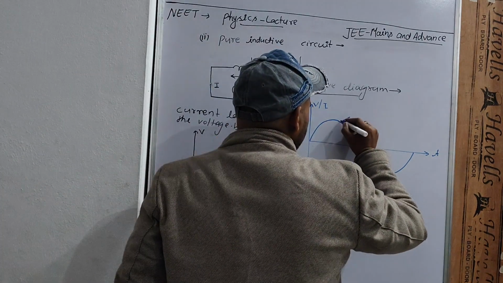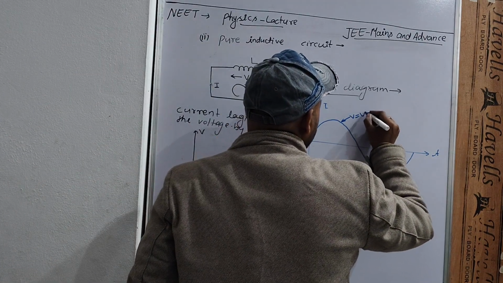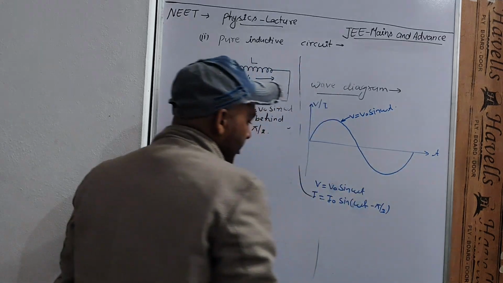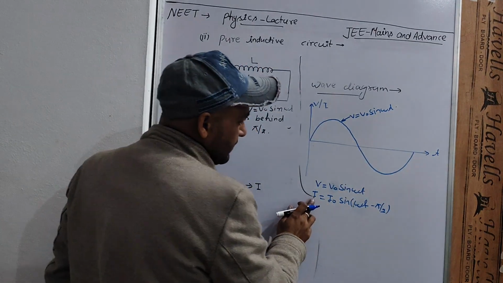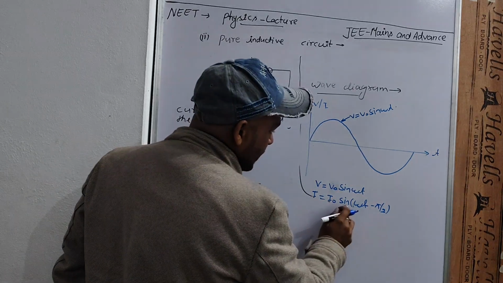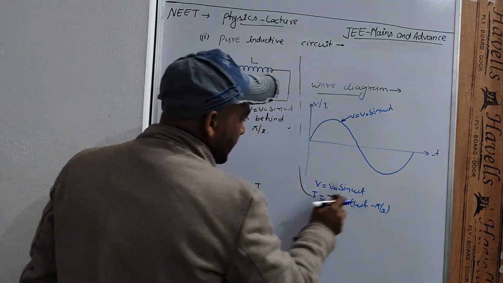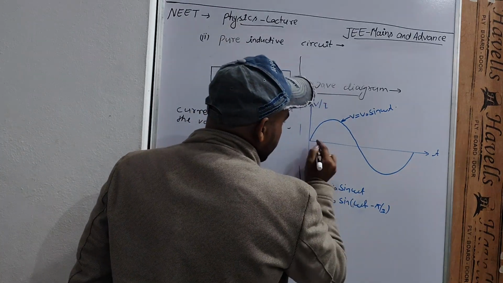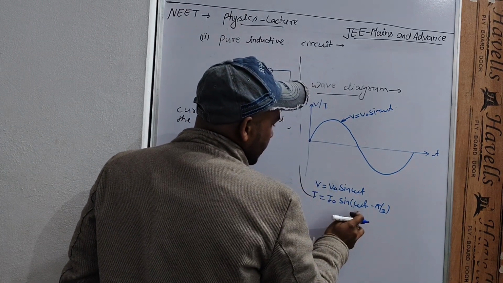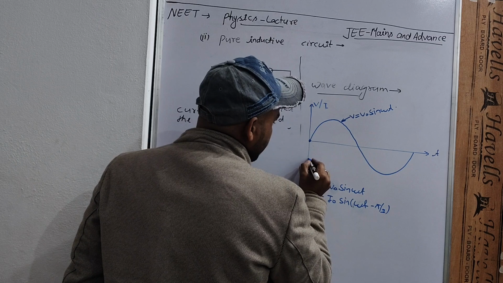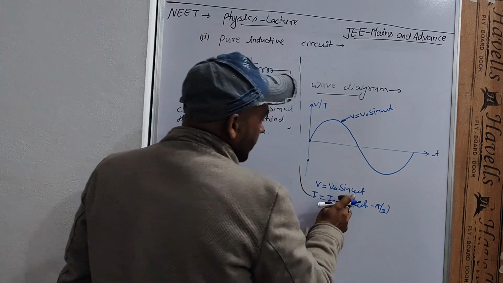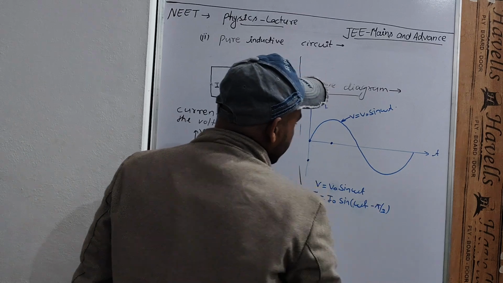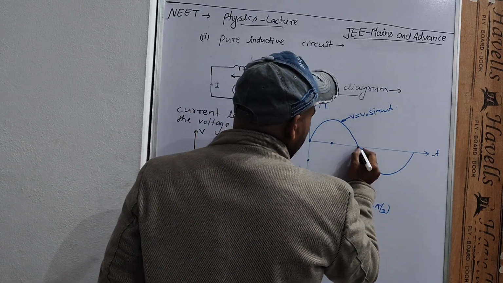Then this shows the instantaneous value of voltage V naught sine omega t, and the instantaneous value of current is I naught sine omega t minus pi by 2, meaning current lags behind voltage by 90 degrees. Whenever the voltage is minimum, the current will be maximum in the negative direction. When the voltage becomes maximum, the current becomes minimum, and so on.